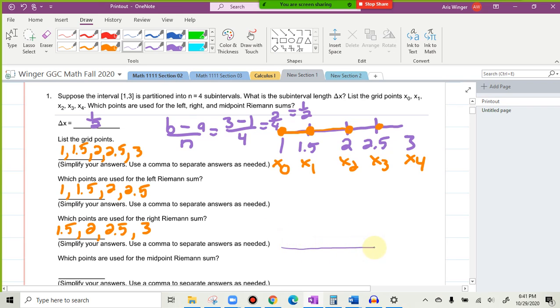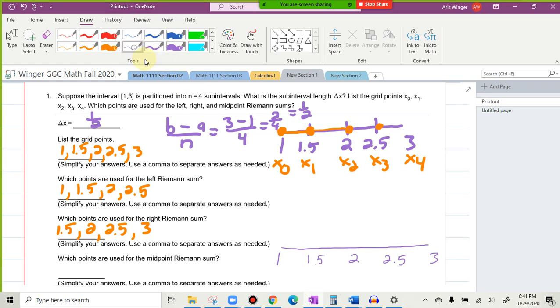For the midpoint method, we need to find the midpoints of these subintervals. So I've got 1, 1.5, 2, 2.5, and 3. The midpoint method says use the midpoint in each place.